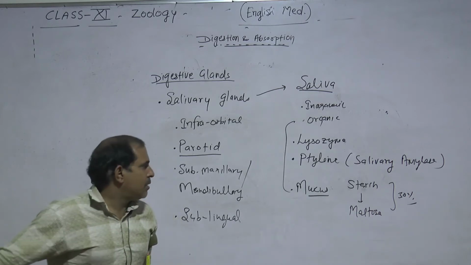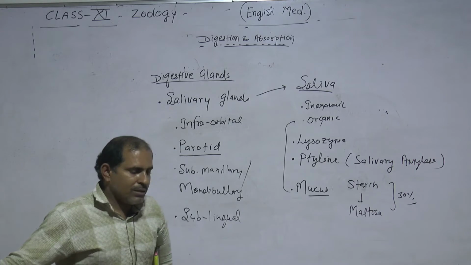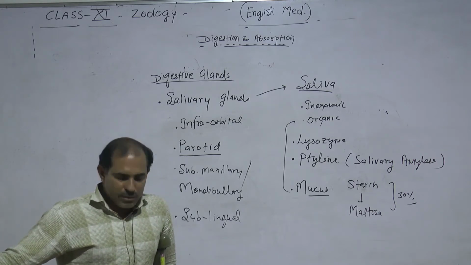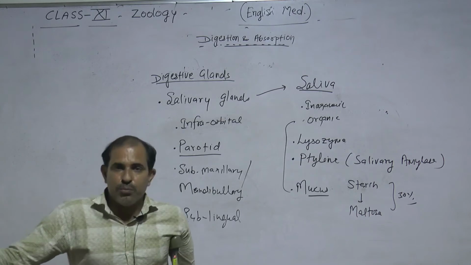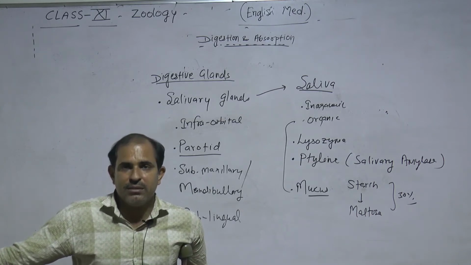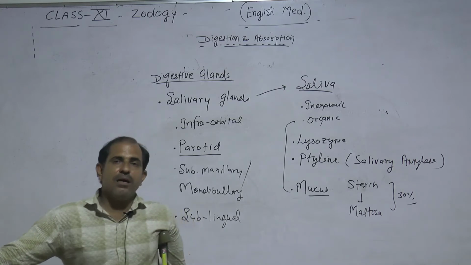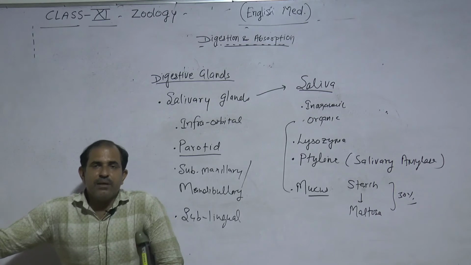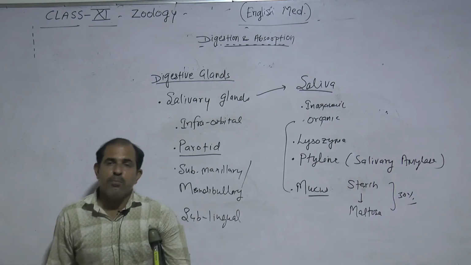Okay. Now the third one is mucus. Mucus makes the food fluid and lubricant, and it is converted into a semi-solid state. Thus, when saliva mixes with the food, it converts into a semi-solid state, and this semi-solid state is called bolus.